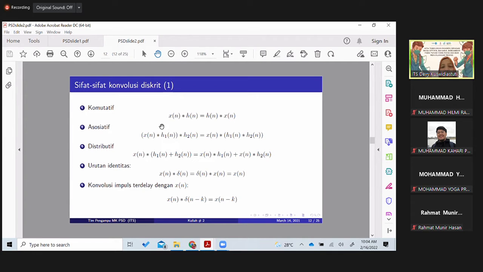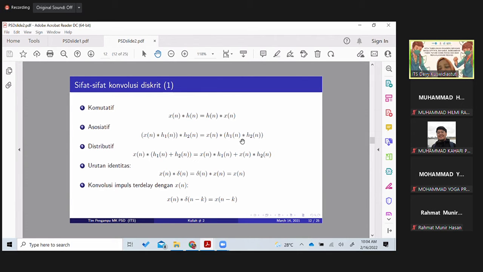Then if the output of this system goes to another discrete system h2[n], you could also find the output of the system by first doing the convolution of the two systems, h1[n] convolved with h2[n].